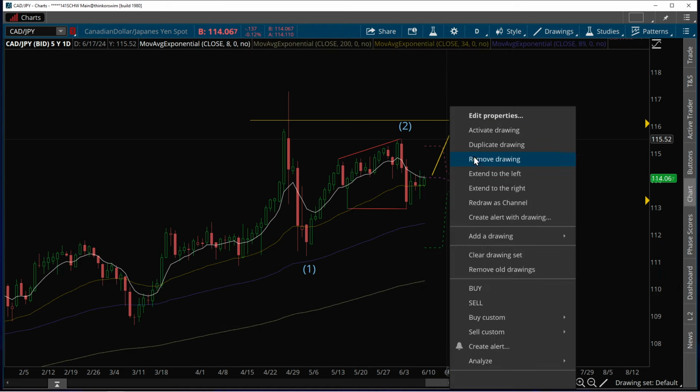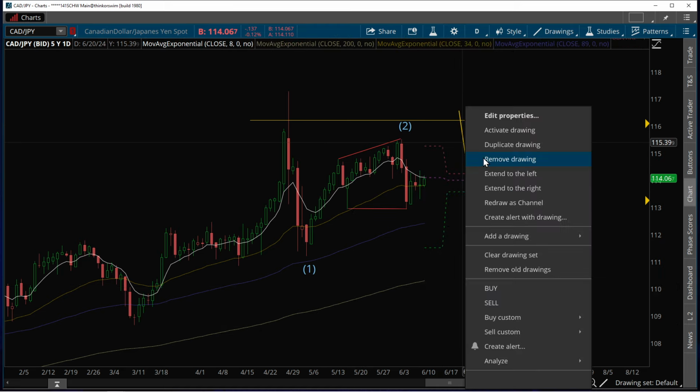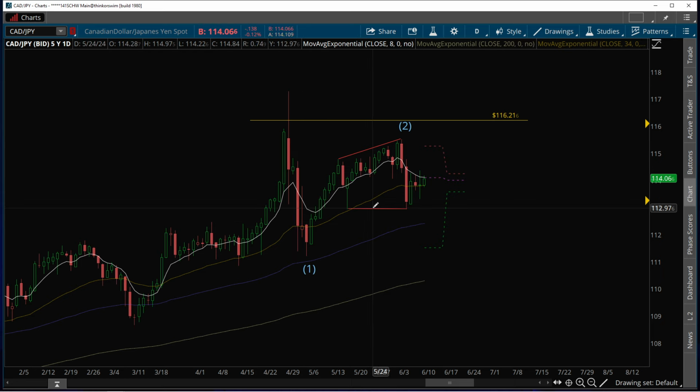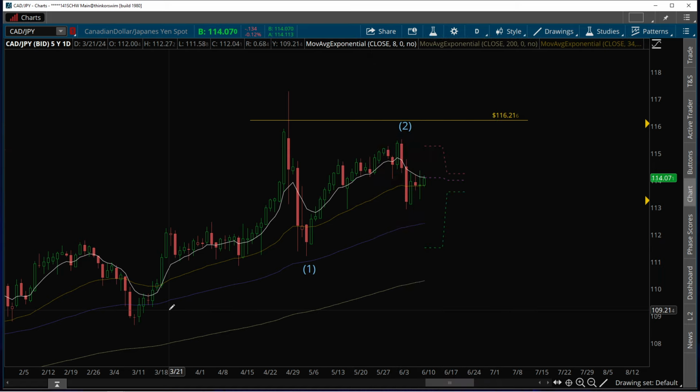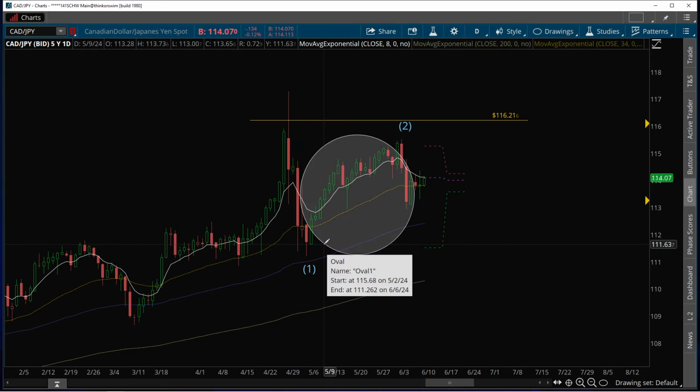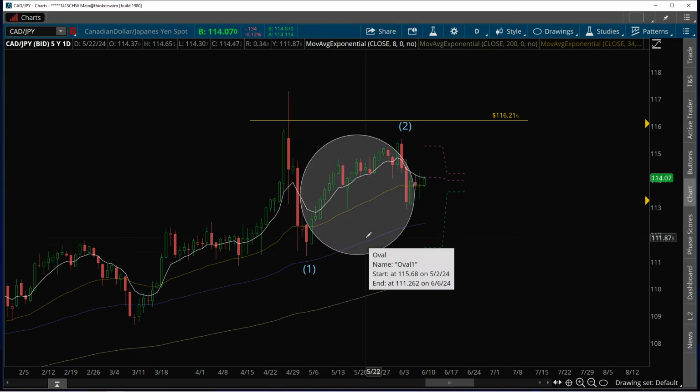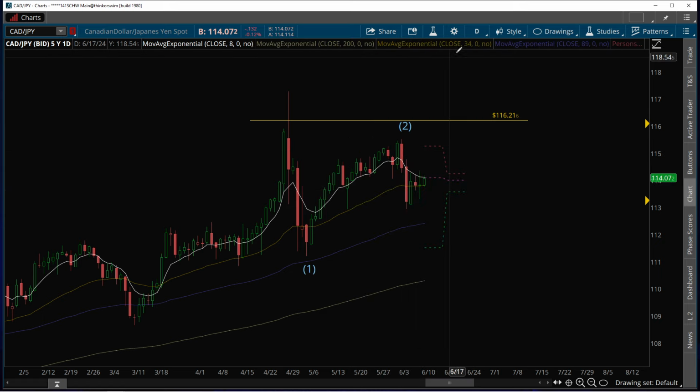But the other count here that I think is more probable is this one right here. That this is your wave one, this is your wave two. So we have to make sense of this wave right here. We have to make sense of wave two. And can we break that down into a corrective structure?